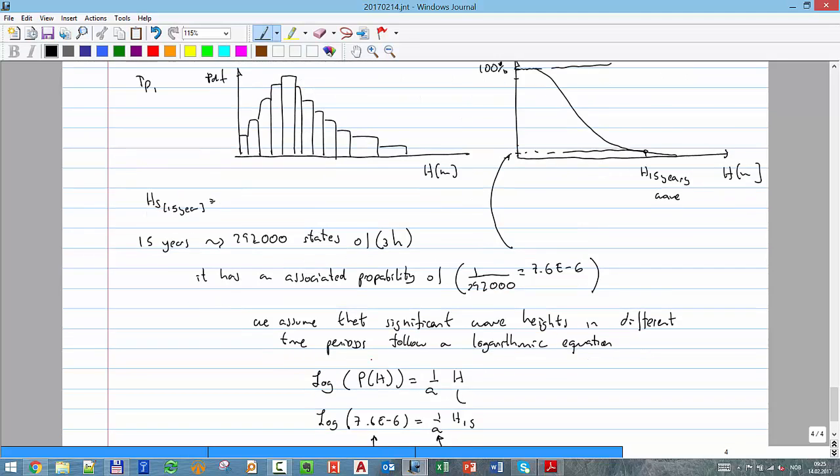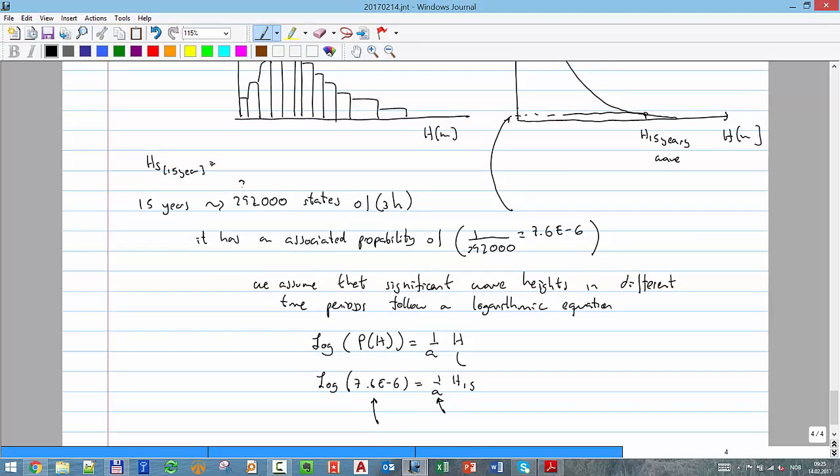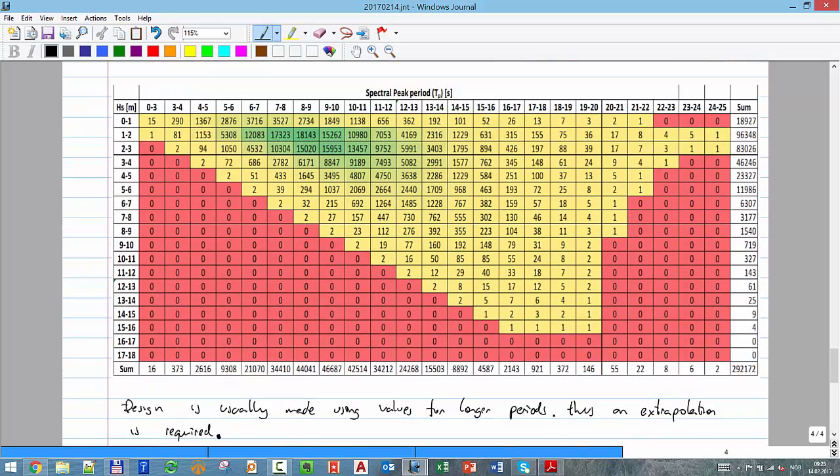For example, for 30 years, you have 2 times that, so the probability is divided by 2. So you can find the significant wave height in another period, 50 years, 100 years, etc. That's how you extrapolate from a very limited 15-year period to 100 years, which is data we want for design purposes.